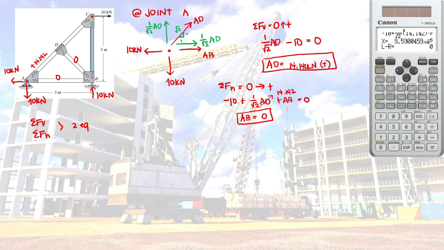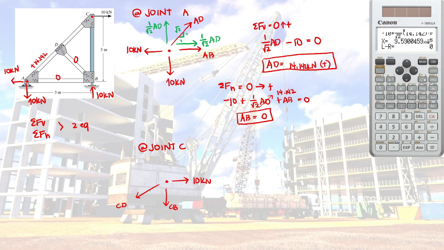Next, I can already do joint C. So at joint C, I will place my free body diagram. I have here my 10 kilonewton, then we have member CB, then we have this one, CD.